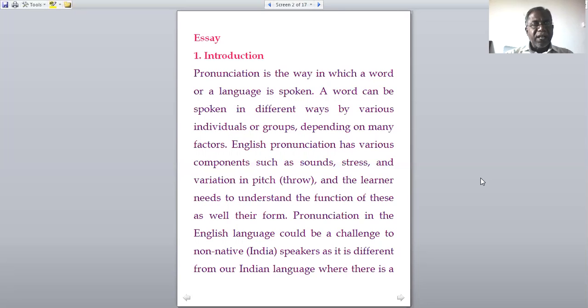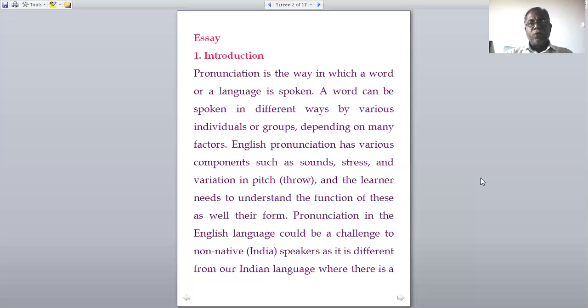English pronunciation has various components such as sounds, stress, and variation in pitch or tone, and the learner needs to understand the function of these as well as their form. So there are some components, especially the sound system. If you want to say good afternoon, that's the way.